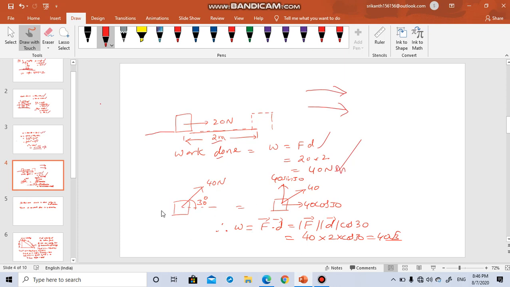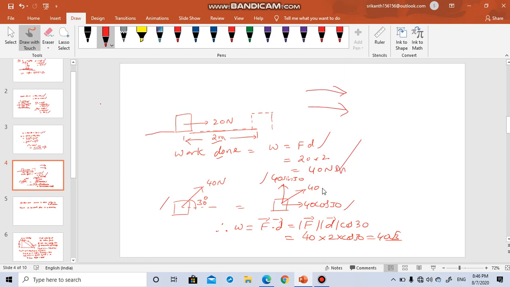Now take another example. Here, with the same block, a 40 Newton force is applied, making 30 degrees with the horizontal. In this case, to find the work, you have to find the components. You have to find the horizontal component and the vertical component. What is the horizontal component? 40 cos 30. And what is the vertical component? 40 sin 30.